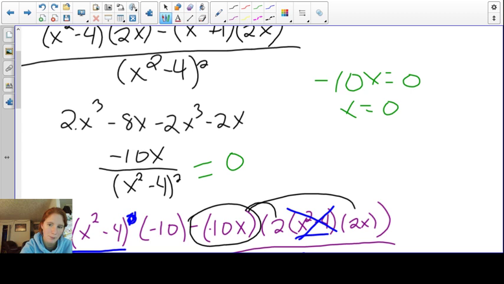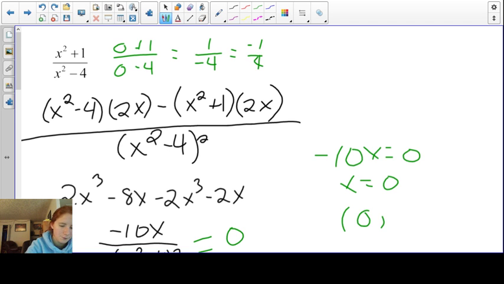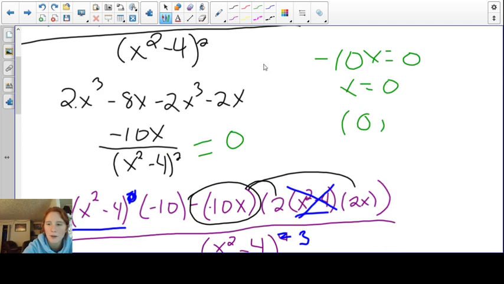When I plug that into my original function, I have 0 plus 1, which is 1, and 0 minus 4, which gives me 1 over negative 4, which is equal to negative 1/4. So my point is 0, negative 1/4.